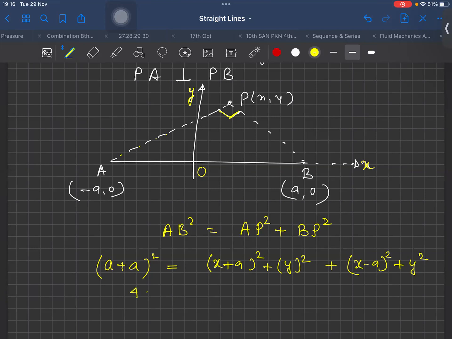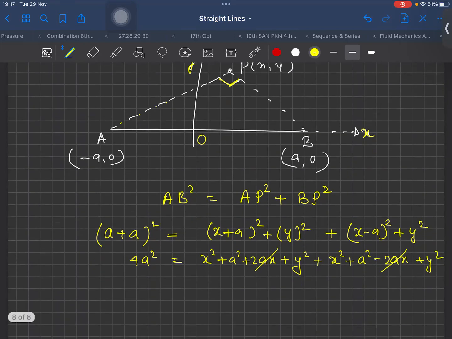So this 4A square will be equal to X square plus A square plus 2AX plus Y square, plus X square plus A square minus 2AX plus Y square. This and this will get cancelled, right?